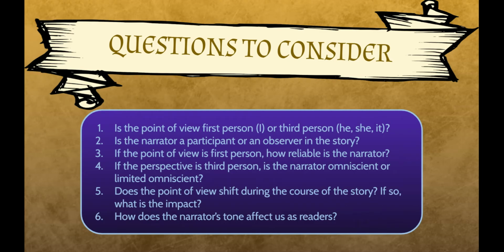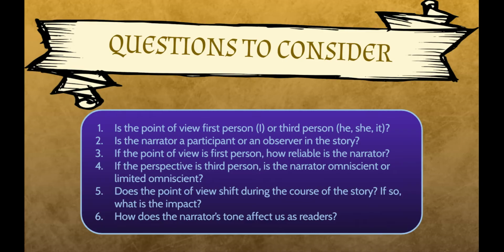So some questions to look at: is it first person or third person? Is the narrator participating in the story or just observing? If it is first person, how reliable is the narrator? Somebody like the Joker who has lost his mind is probably not going to be a very reliable narrator. If it's in third person, is the narrator omniscient?